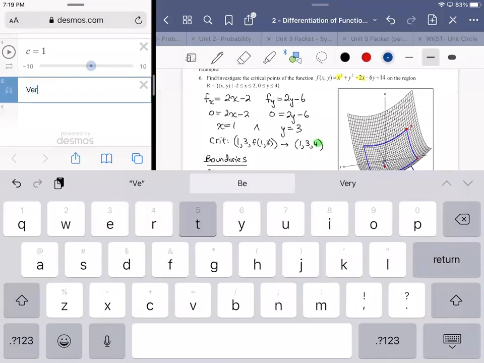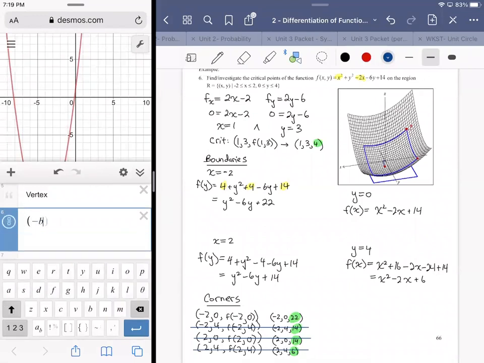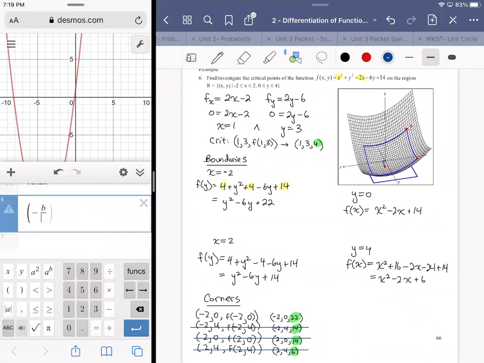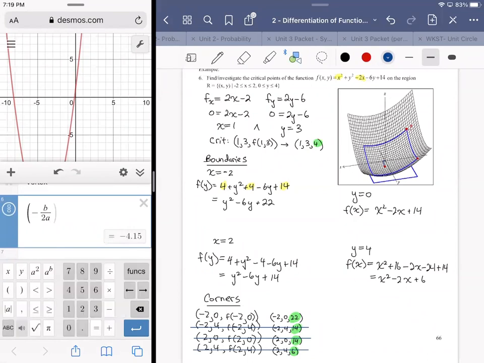So vertex: we would have the coordinate -b divided by 2a, comma, f of -b divided by 2a.